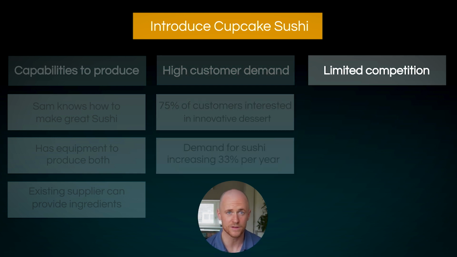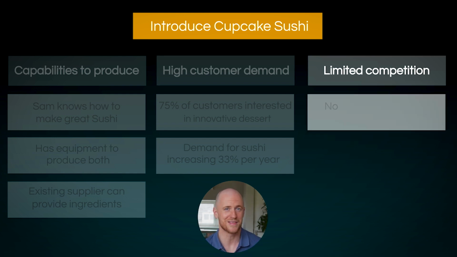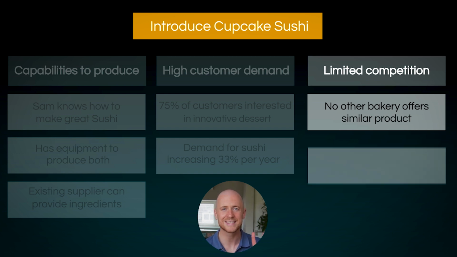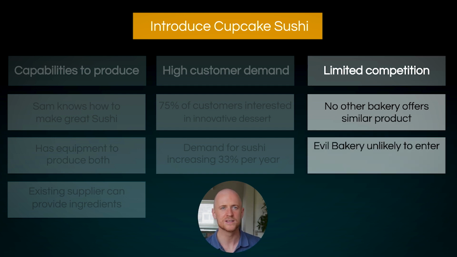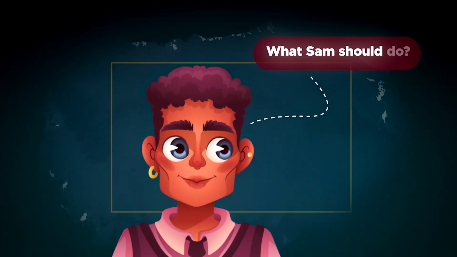Now, the evidence for that could be, again, another 2 data points. First, that there's really no other bakery that offers a similar product. And second, that Evil Bakery is unlikely to enter the market as they focus on only one product. That's it. That's the full outline or the storyline of your presentation. This outline gives a super clear view of what Sam should do and how you arrived at that conclusion.